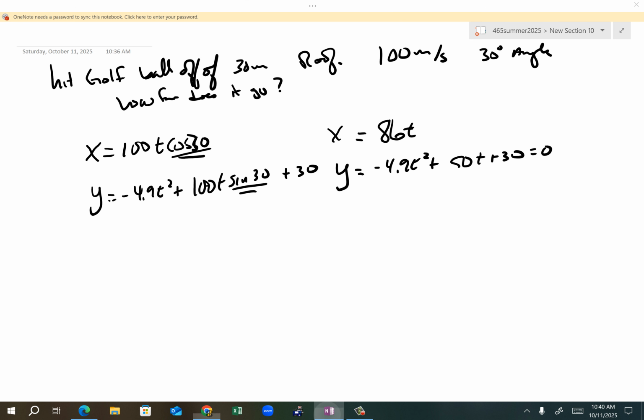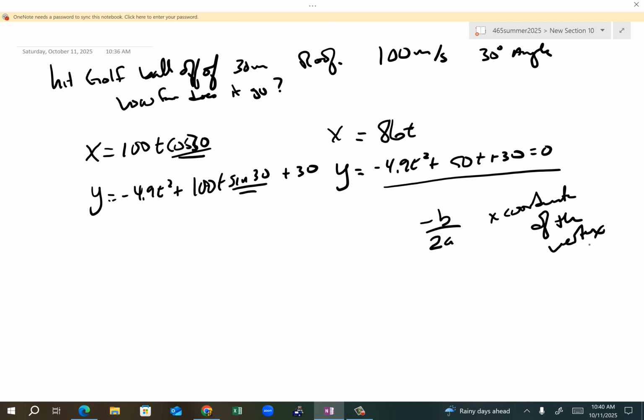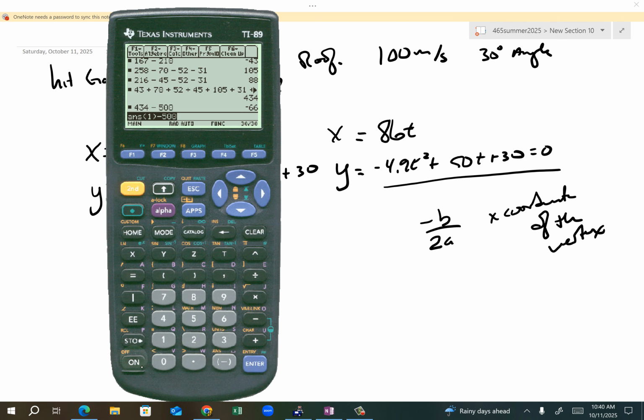By the by, a guy could also do this. This is the quadratic formula, so the opposite of b over 2a is the x-coordinate of the vertex. So negative 50 divided by negative 9.8 is 5.1.